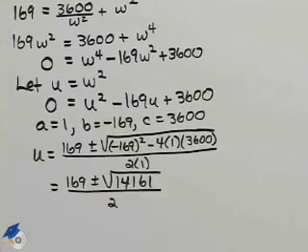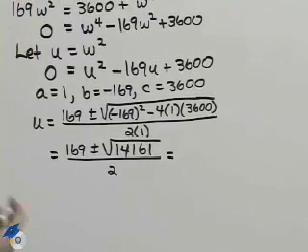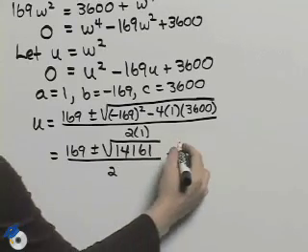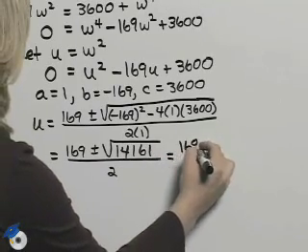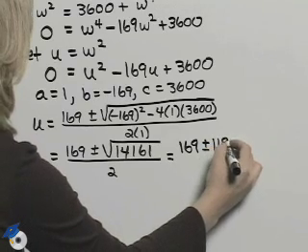We'll divide that by 2. Now, the square root of 14,161 happens to be 119, so this will simplify to 169 plus or minus 119 over 2.